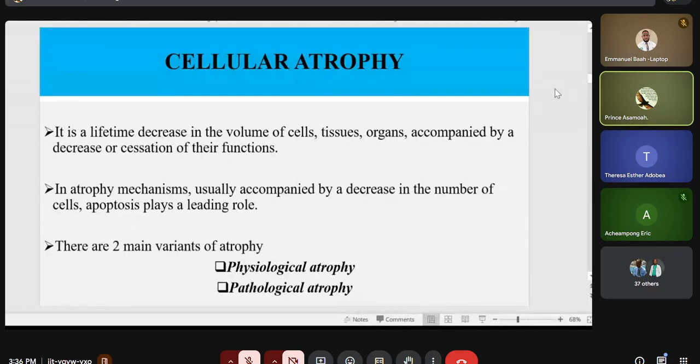So you can understand why persons, as I was explaining, those who are on the streets and they have paralysis of the lower limb, have atrophy. Atrophy has set in. Why? Because they are not using them. So any body part that you don't use, as time goes on, it will atrophy.